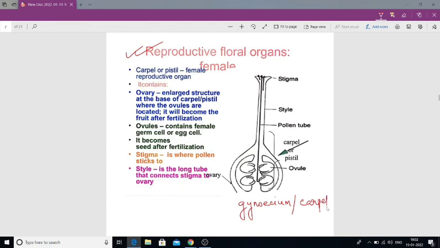This carpel is composed of the stigma, the first part, then one long tube-like structure known as the style, and one flask-shaped structure which is known as the ovary. Ovary, you can also call the pistil, or the carpel. These are the three portions that compose the female part, the gynoecium, right?